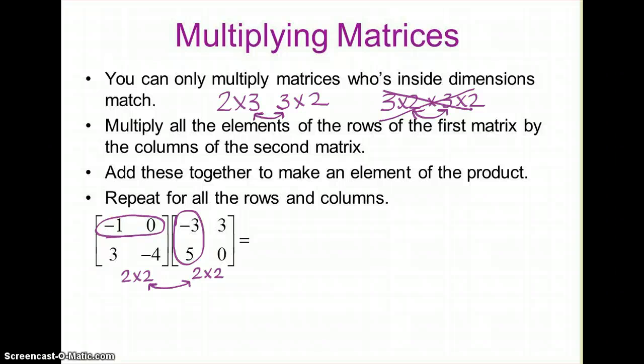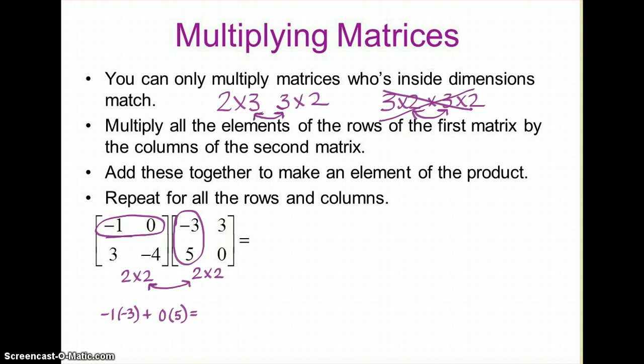So I take the first element from row 1 and the first element from column 1, and I multiply them together: -1 times -3. Then I take the second element of row 1 and the second element of column 1, and I multiply those together: 0 times 5. I add them together, and I get my answer.